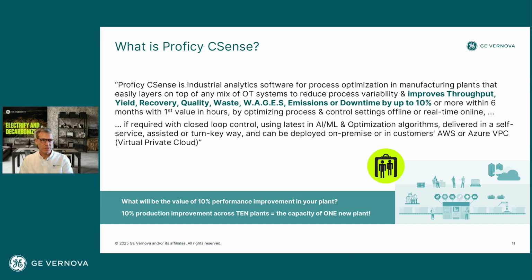So what is Proficy CSense? It is industrial analytics software for process optimization in manufacturing plants that enables customers to easily and rapidly improve process variability and their operational goals like throughput, yield, recovery, quality, waste, emissions, or downtime significantly, often up to 10% or even more, rapidly.